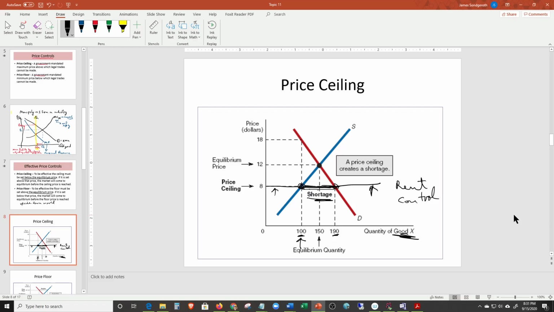Some renters who have been frozen into way below market rental rates will sublet their places, even though that's against the law. It happens all the time. Landlords respond by not maintaining the apartments, so they gradually deteriorate.